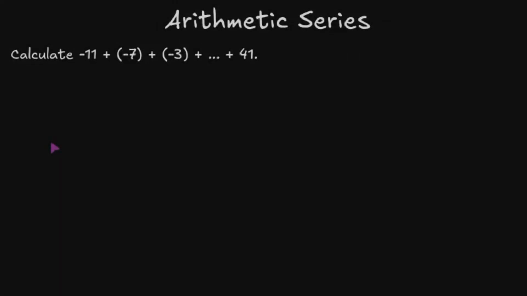Here's your first example. Calculate minus 11 plus minus 7 minus 3 and so on until 41. Take a look at what we have here. Minus 11 is the first term, or a. And 41 is the last term.